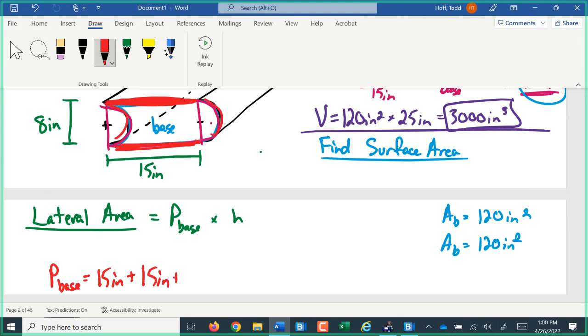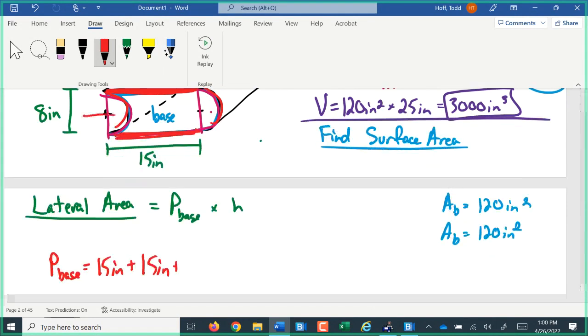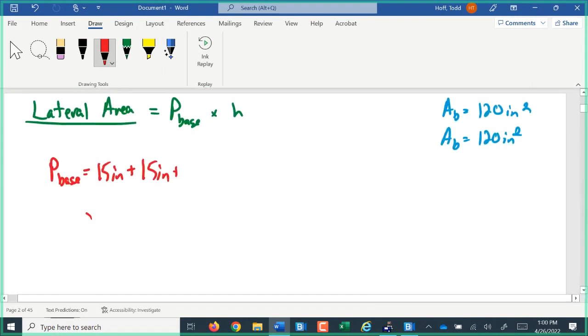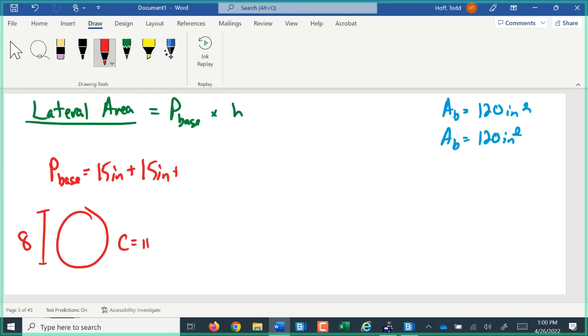I take those two together, and I flip this one over. A full circle with a diameter of 8. So that gives me a circumference of pi times 8, which is 25.12 inches. So 15 plus 15 plus 25.12 gives us 55.12 inches as the perimeter of the base.